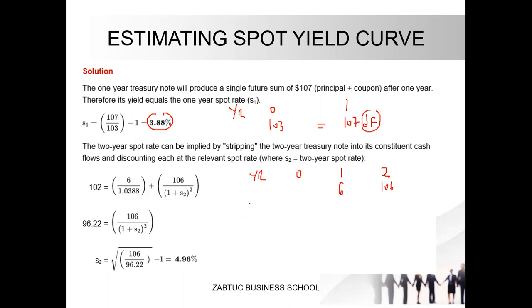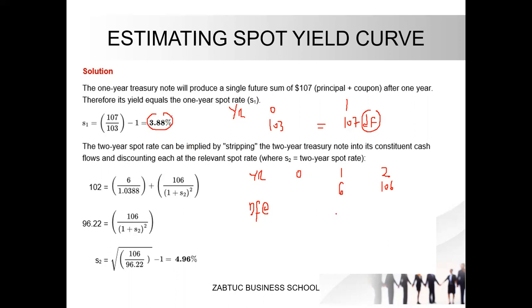Then you multiply by the discount factor. This discount factor is known already. If you have got a single cash flow repaid 1 year from now, the discount rate is 3.88.